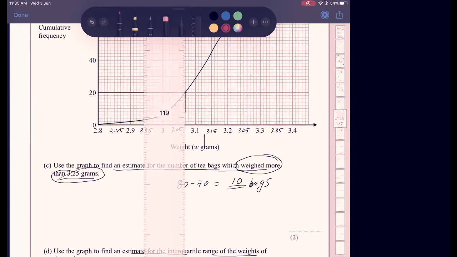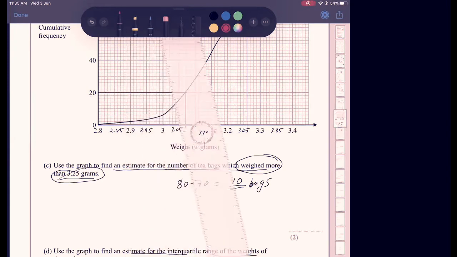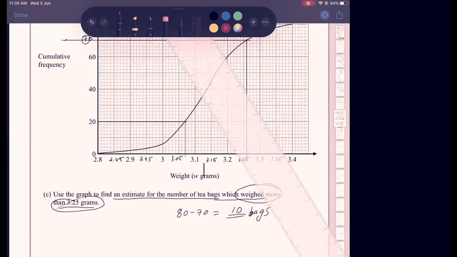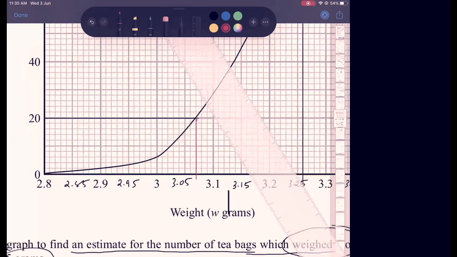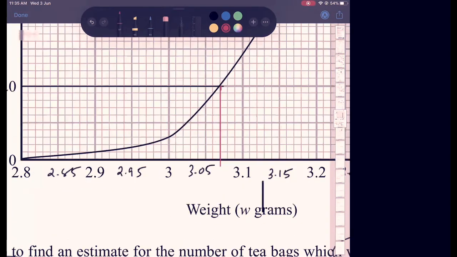Read that value. This is 3.01, 3.02, 3.03, 3.04, 3.05, 3.06, and this is 3.07, and that is the value of Q1.